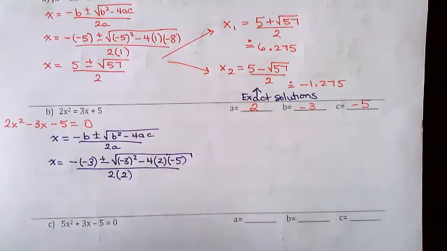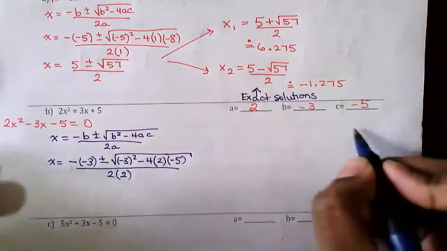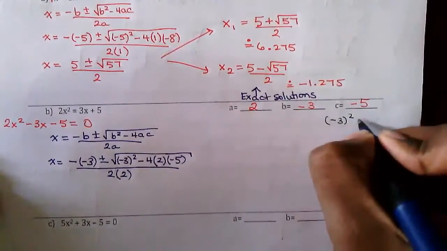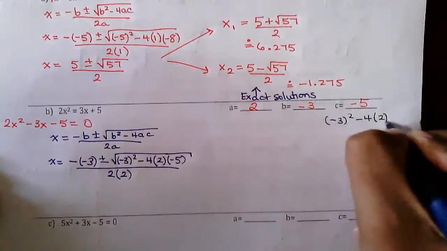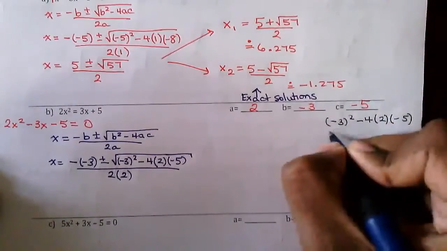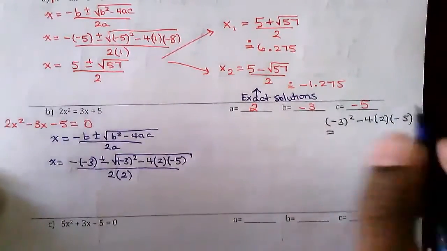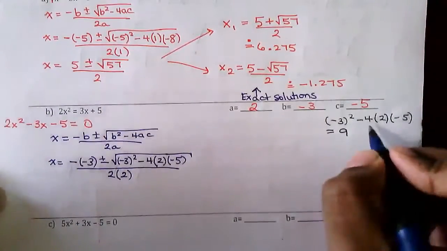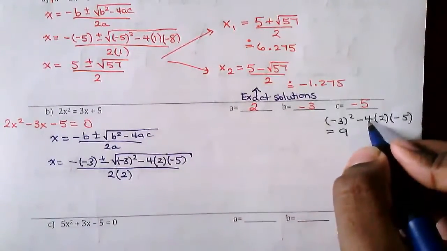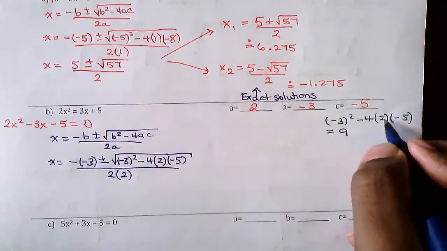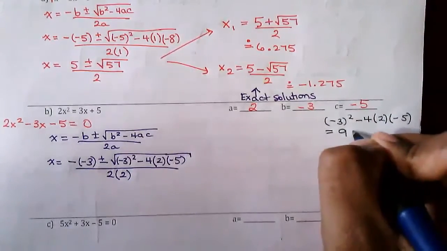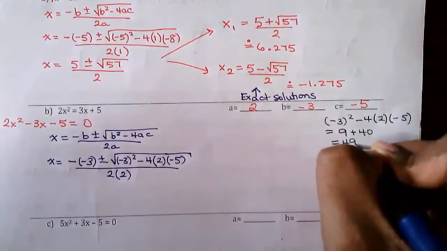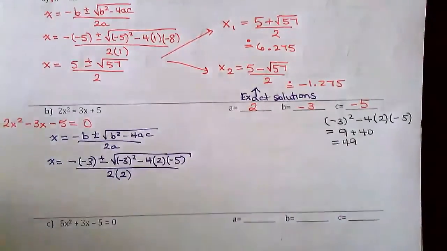And I'm going to do it right here. So we have negative 3 squared minus 4 times 2 times negative 5. So again, negative 3 squared is 9. And then here we have negative 4 times 2, which is negative 8, negative 8 times negative 5, which is positive 40, and so that gives me 49.